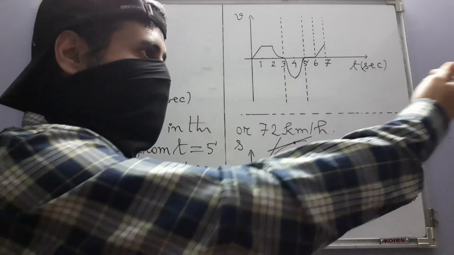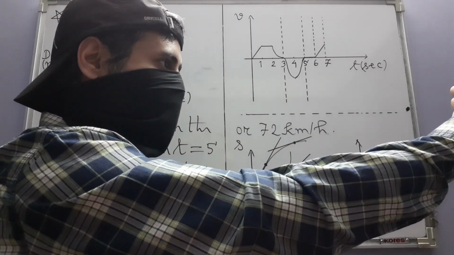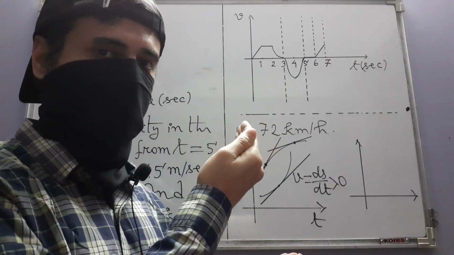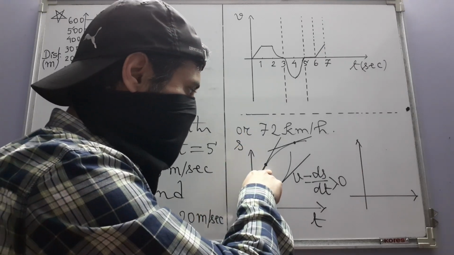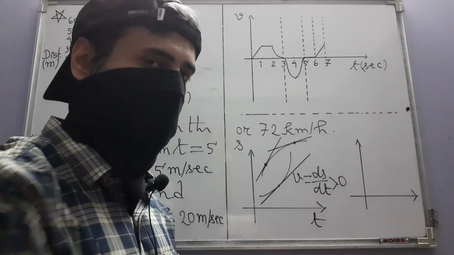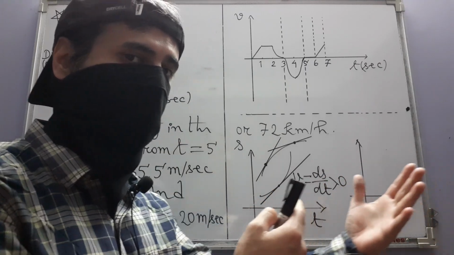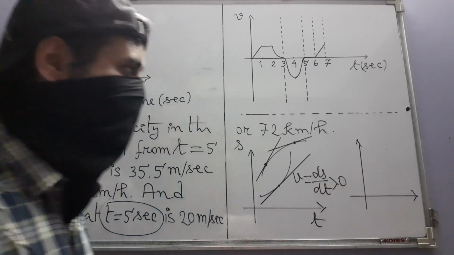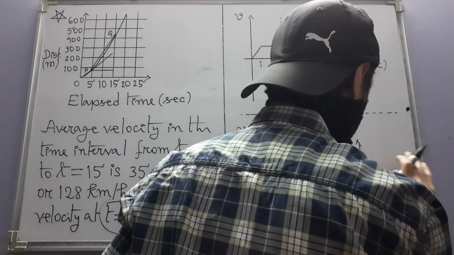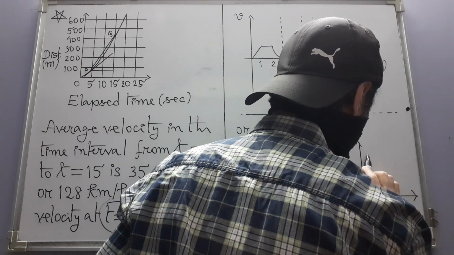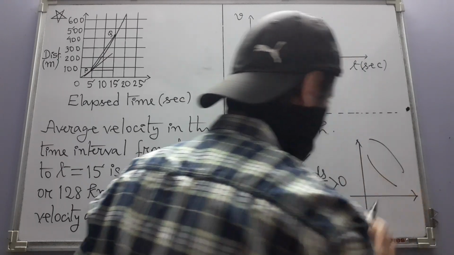So with time, that distance is decreasing, but in this type of motion it's increasing. So that's why velocity is positive here, and here velocity is negative. The distance versus time graph of that type of motion can be like this or like this.